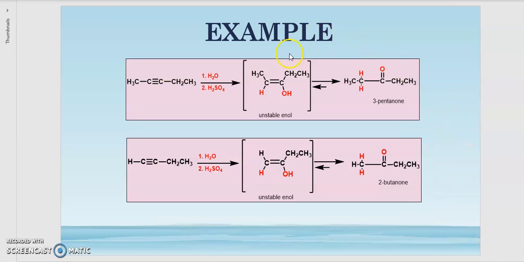So this is another example, same example. You can read. I give you one example. Let's say your triple bond is located here, and then the reaction with H2O, H2SO4 and HgSO4.